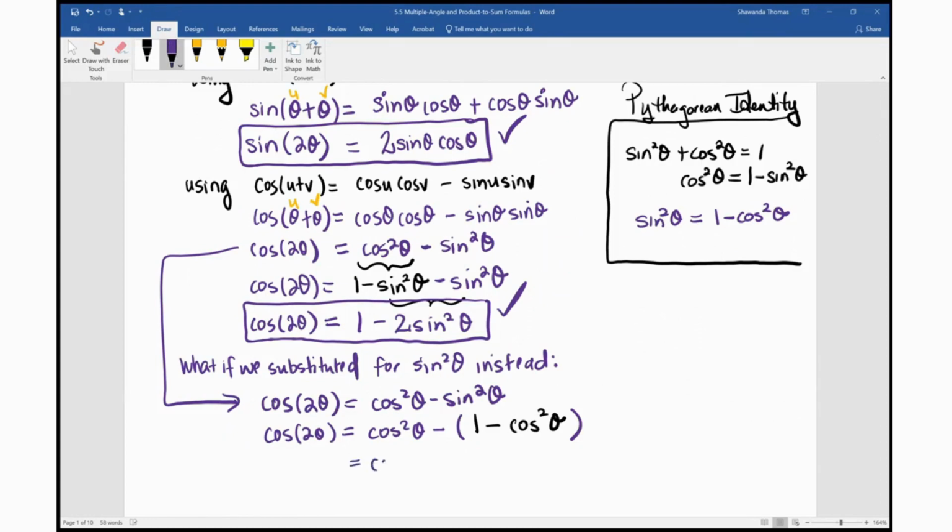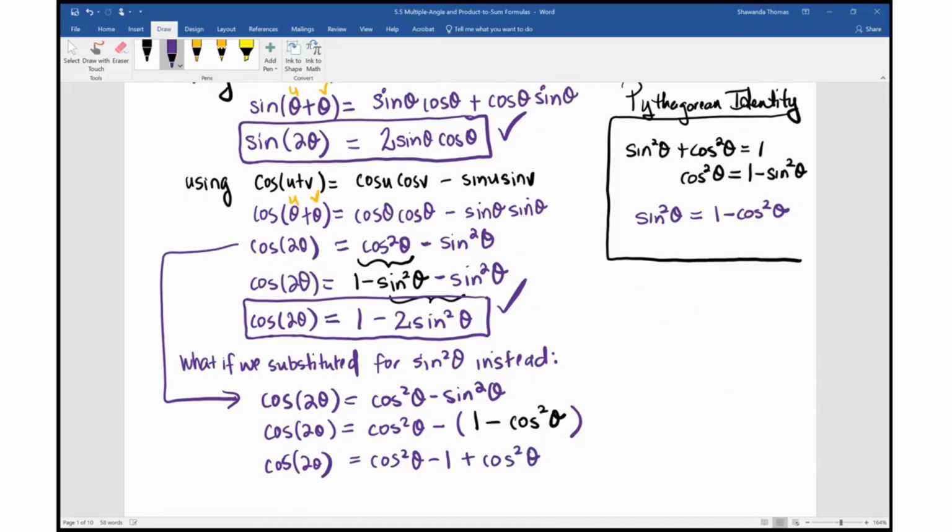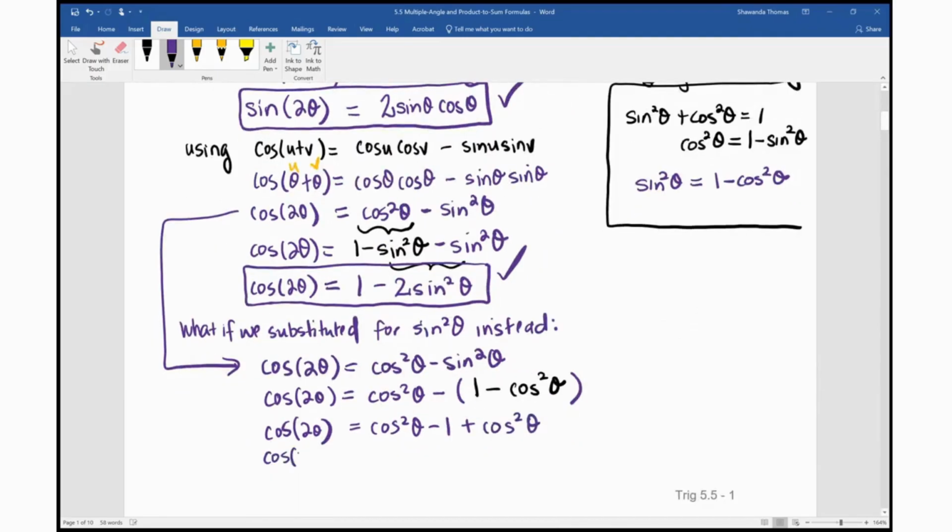Then that would be cosine of 2 theta equals cosine squared theta minus 1 plus cosine squared theta. We have like terms here. We have 2 cosine squared theta minus 1, which is another identity.